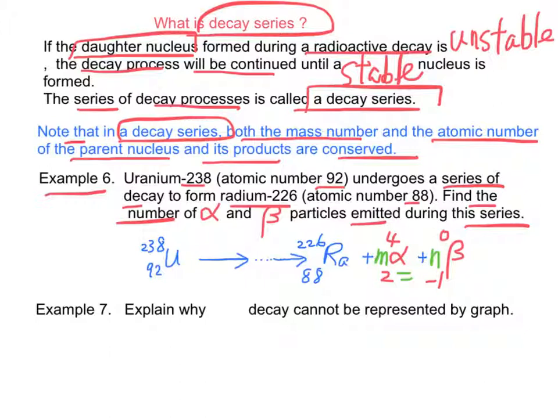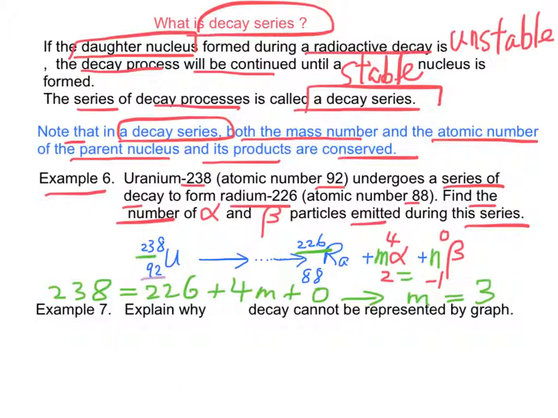By conservation of mass number and atomic number, we have 238 equals 226 plus 4m plus 0, which implies m equals 3.